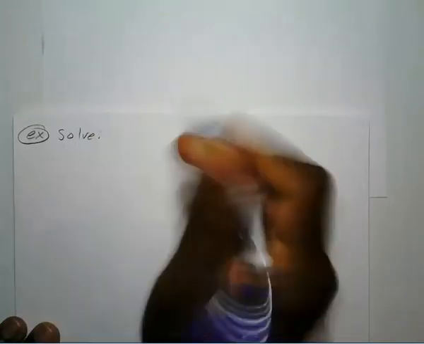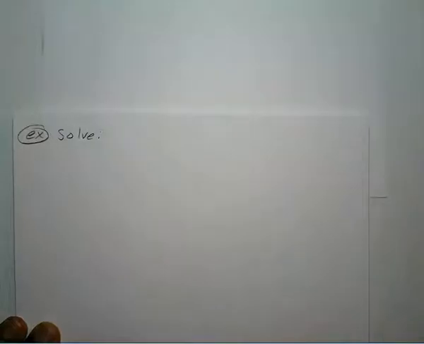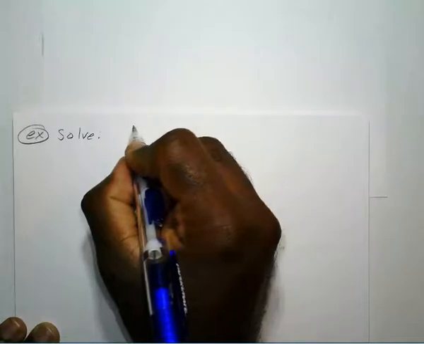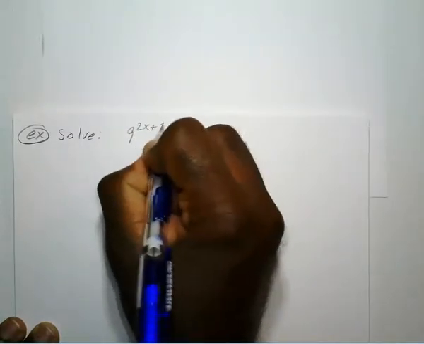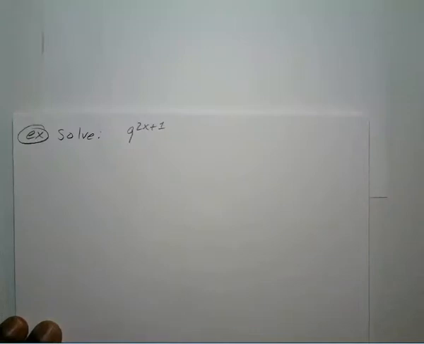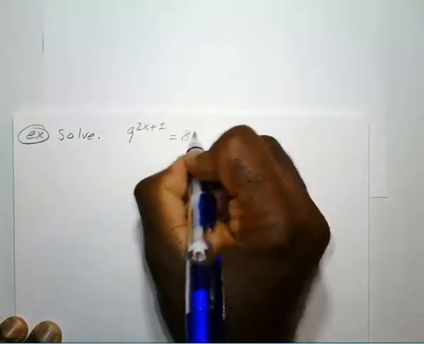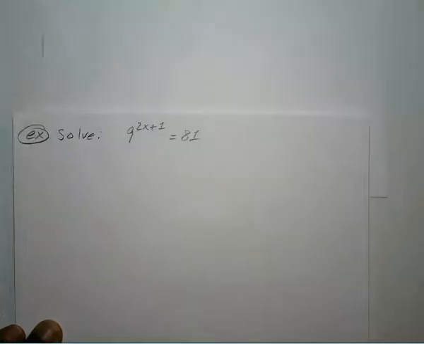Okay, so let's say, for example, we wanted to solve 9 to the 2x plus 1 power equals 81.